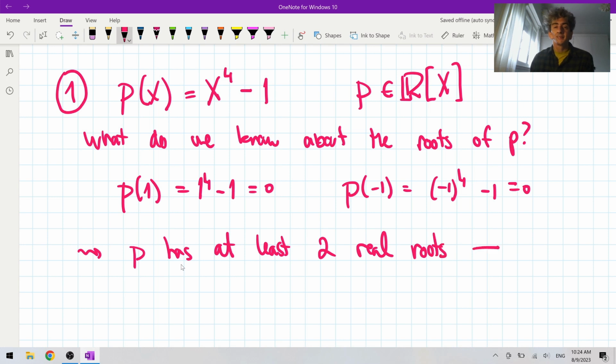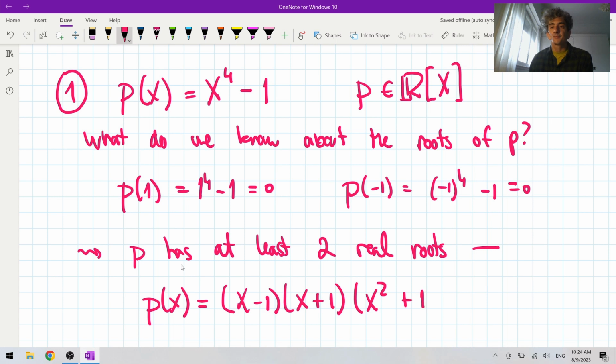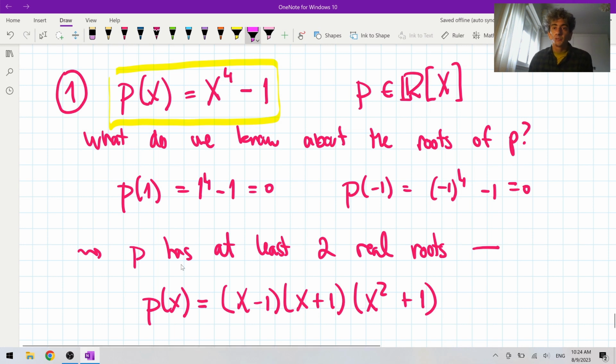And as a matter of fact, p of x can be factored as this. All right? So this is a factorization of p of x over R of x. It's a factorization which uses all polynomials with real coefficients.